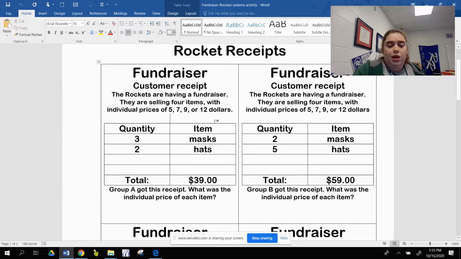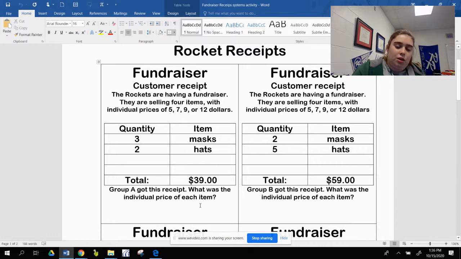And so we can use different ways to solve them to find what those variables are. So the variables here, since on each receipt we know the quantity and what item it is, the variables that we don't know on each receipt is the price of each item, right?